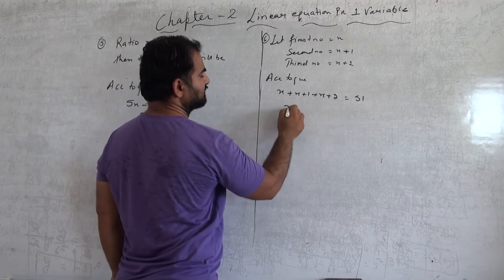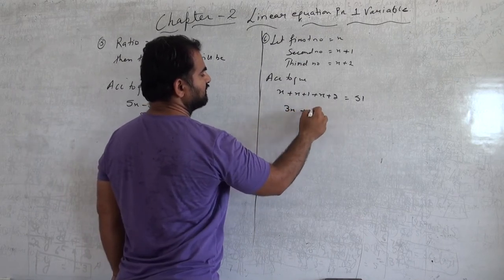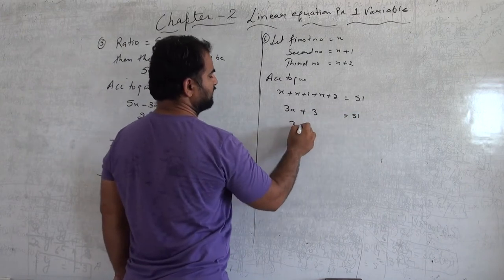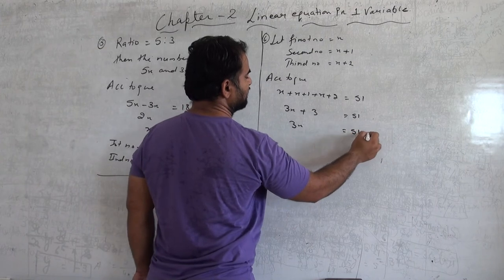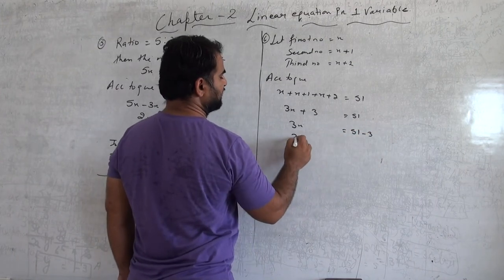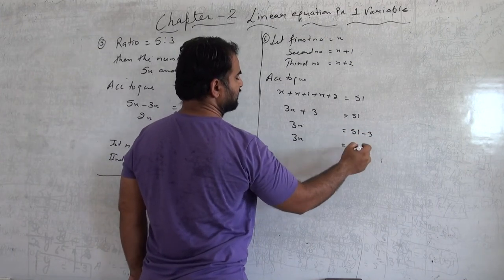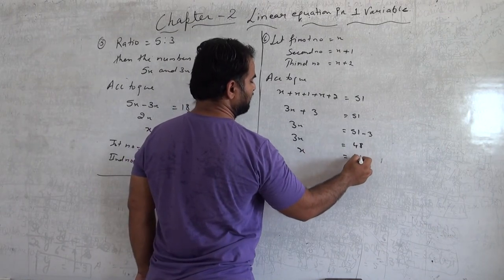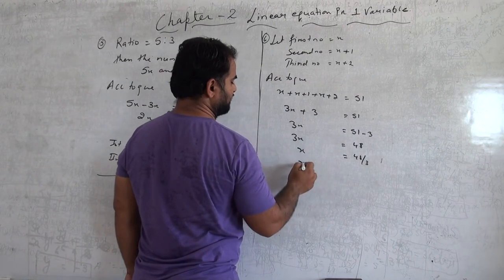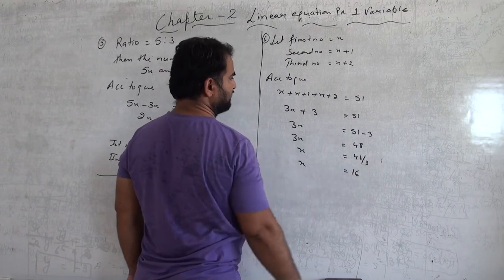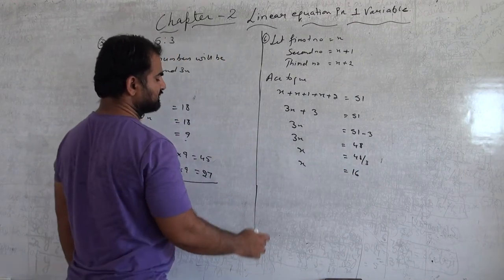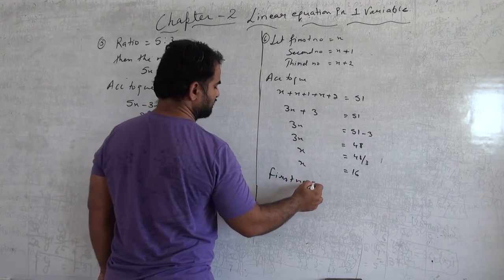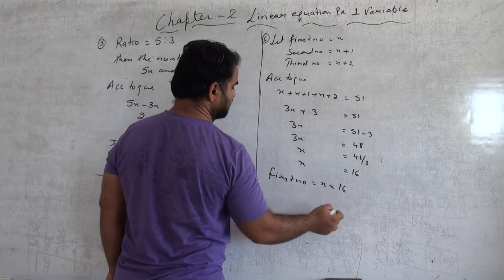It will be 3x. What is 2 plus 1? 3. So 3x plus 3 equals 51. So 3x equals 51 minus 3. What is 51 minus 3? 48. So x will be 48 by 3, so x will be 16. So the first number is x equals 16.